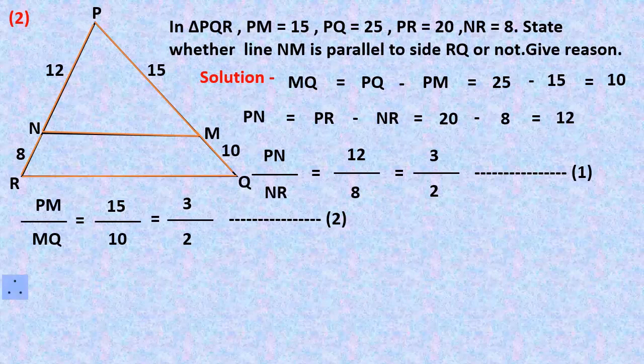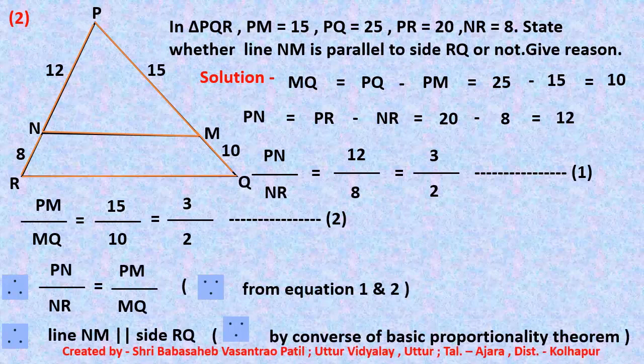Yes, by that theorem line NM is parallel to side RQ, and the theorem is the converse of the basic proportionality theorem. In this way, we can solve the example.